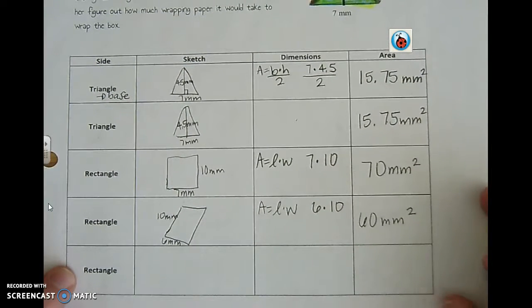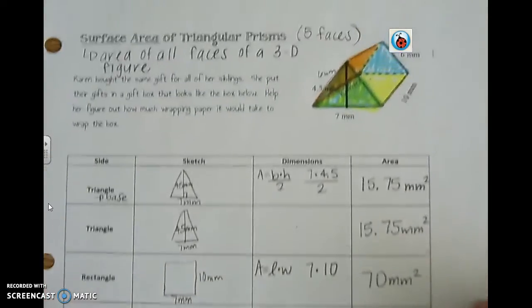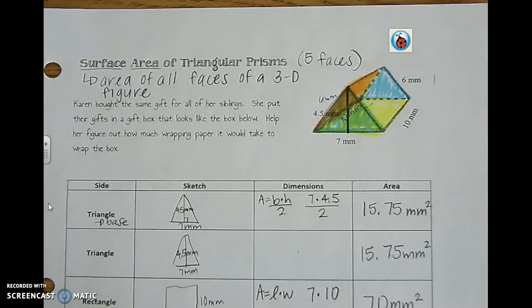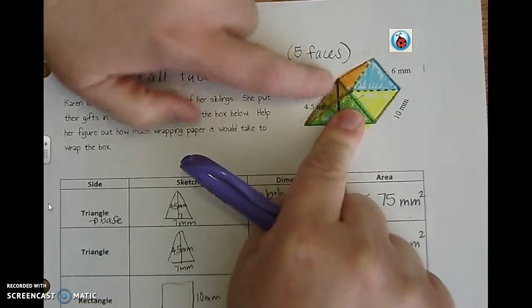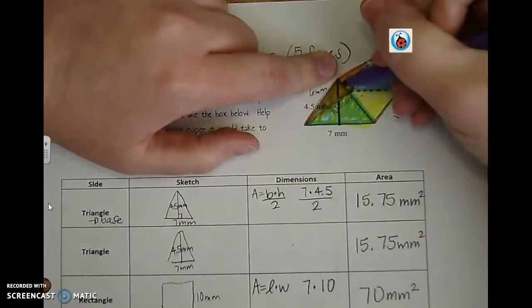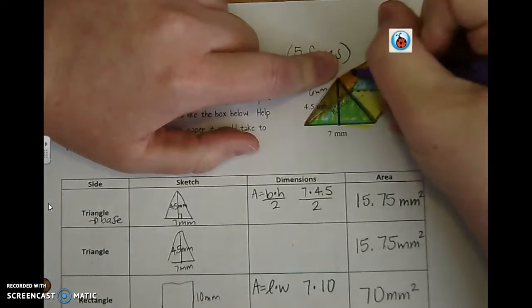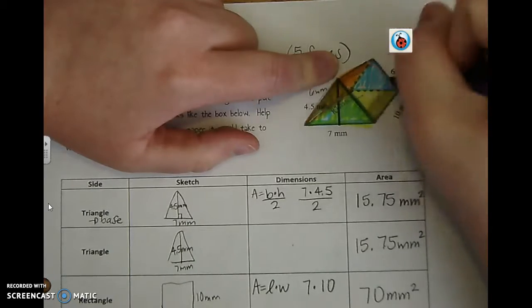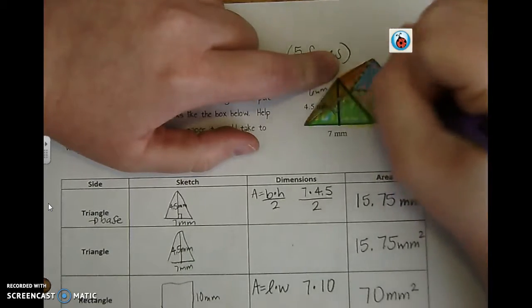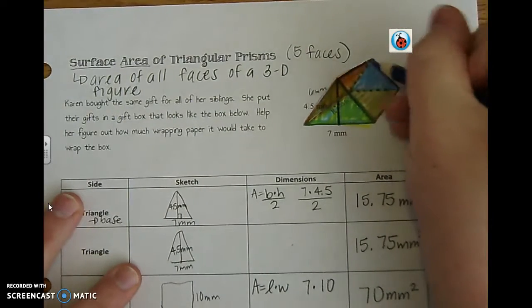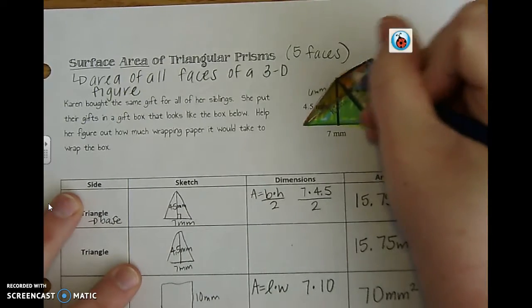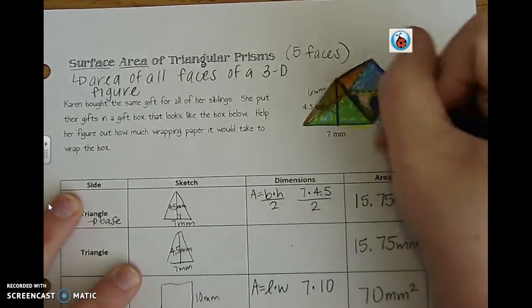Usually when I get to the last rectangle, it's the hardest one to find, but there's still one rectangle that I have not looked at. I've got my two triangles, I've got this rectangle at the bottom, and I've got this rectangle at the side. But there's actually another one that's over here. Again, sometimes it's hard to see once you get to that fifth face, so I can kind of outline it again in this color.